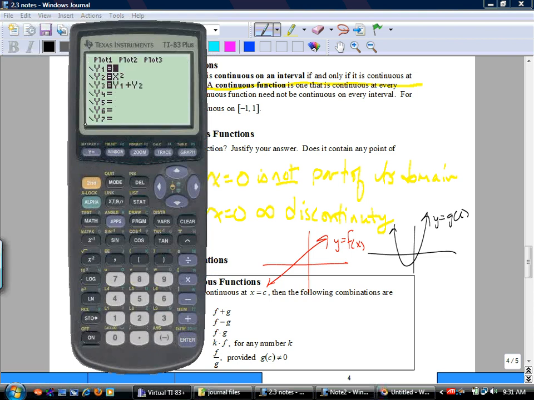If we subtract them, are they continuous? Yes. If we multiply them by some number 3, are they continuous? Yeah. If we divide them, are they continuous? Yes, as long as you don't divide by 0. As soon as you divide by 0, you could have an infinite discontinuity. You could also have a removable discontinuity. You could also have an oscillating discontinuity. All of those could appear. Okay?